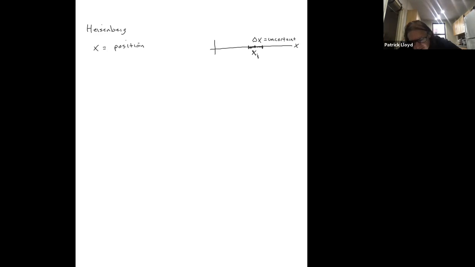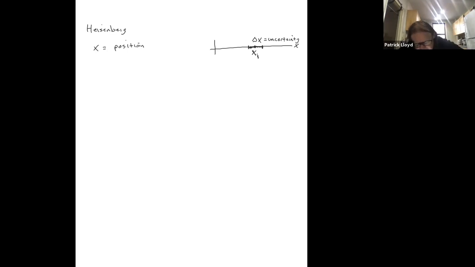And that's why it's called the uncertainty principle. What we're saying is we cannot claim the electron is right here, but we can claim that it's somewhere in this range. Heisenberg didn't say we can't know anything about the electron. He just said there were limits, right? And the calculations and the experimentation show that that's the case.